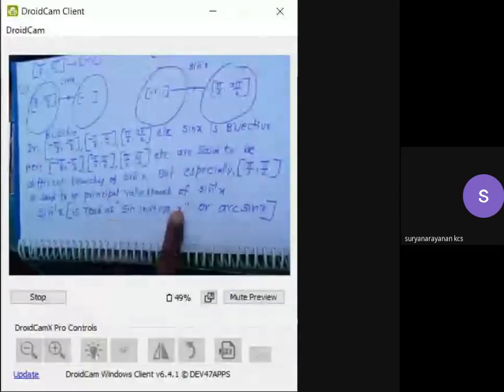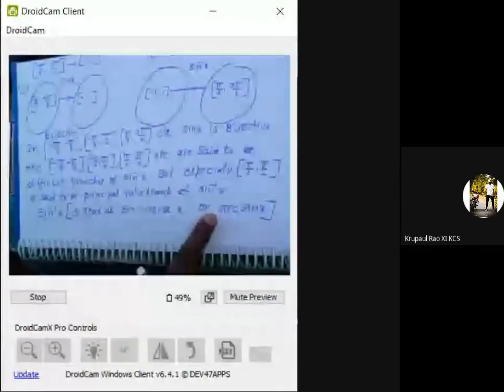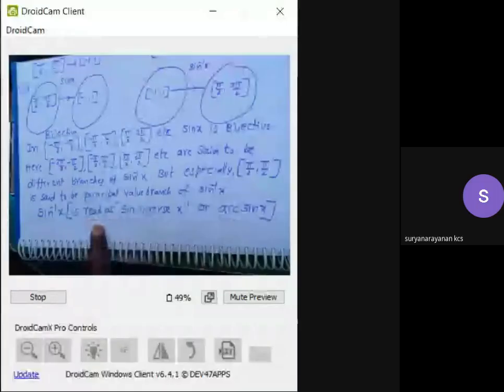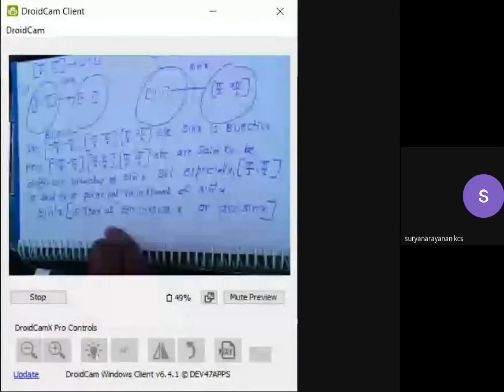Krupal, can you read this line? Sine inverse x or arc sine x, sir. Arc sine x, very good. All of you remember this point, how to read this notation. All of you learn this point, how to read the notation.